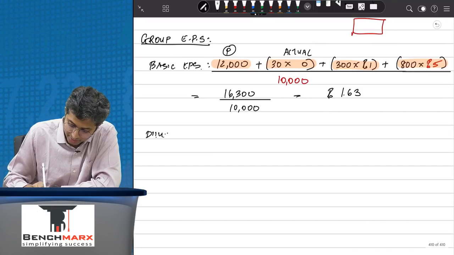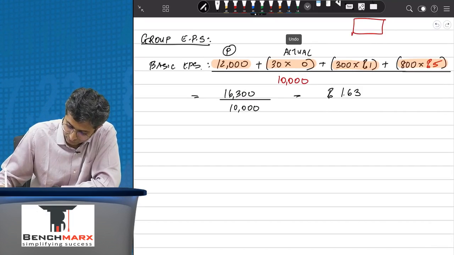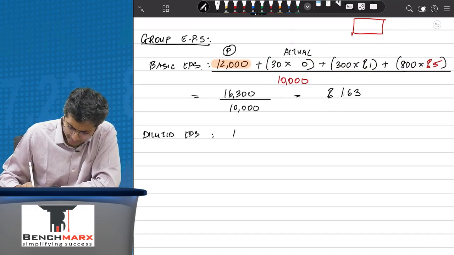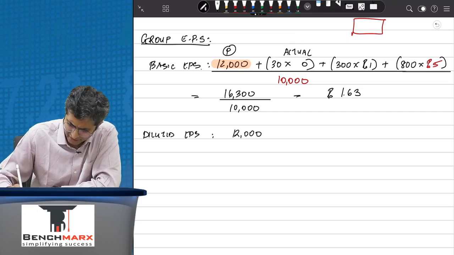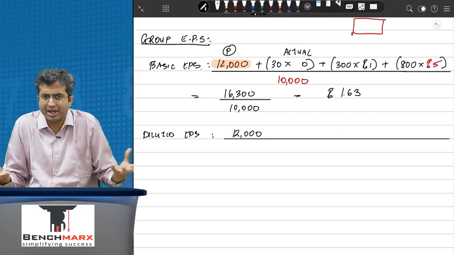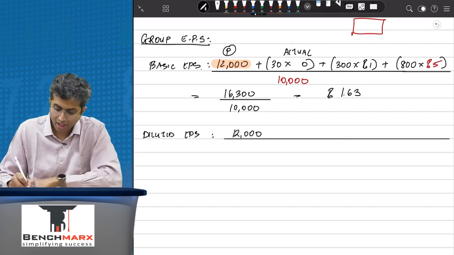Then comes diluted EPS. When we look at diluted EPS, parent does not have any potential equity shares, so 12,000 actual earnings for the parent is equal to the diluted earnings for the parent.